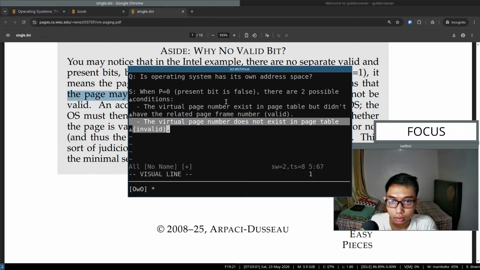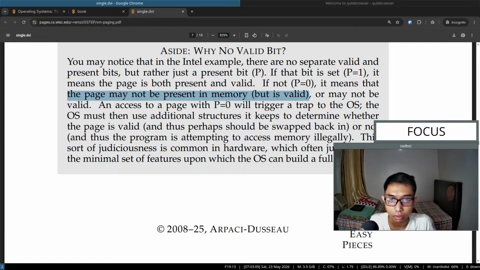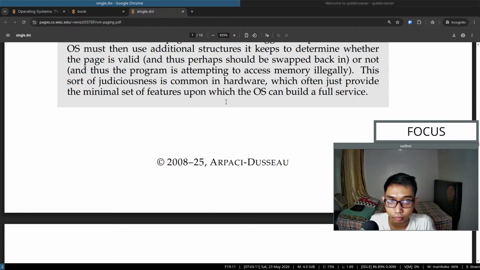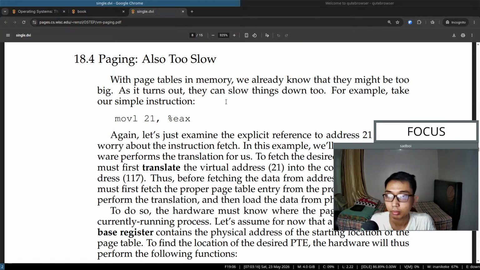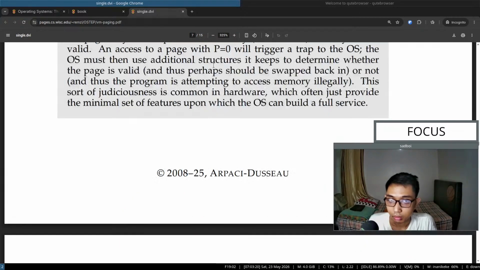And then the virtual page number does not exist. Okay, maybe something like that. Alright.